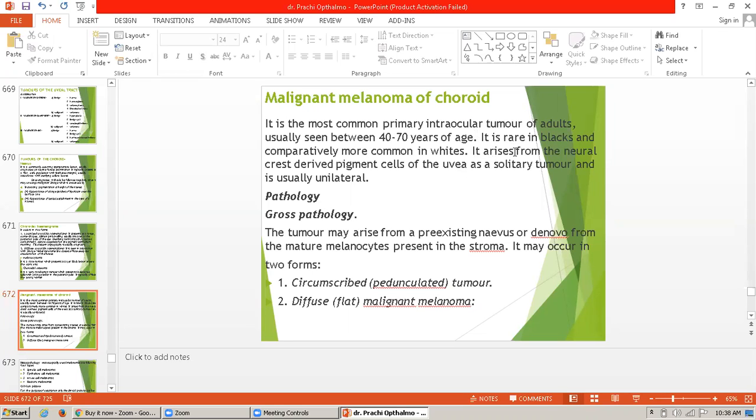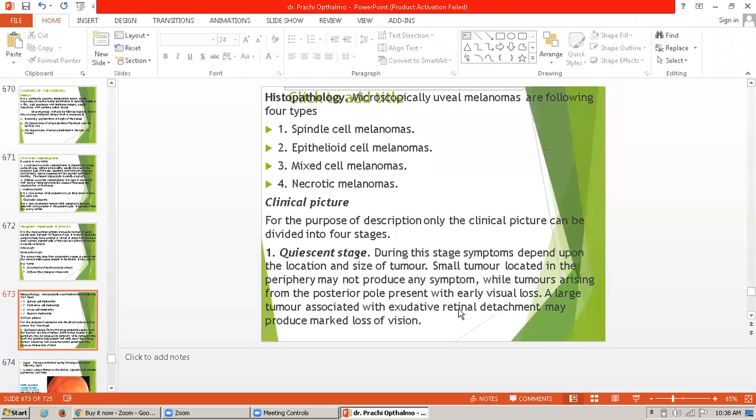It arises from the neural crest, derived from pigment cells of the uvea, as a solitary tumor and is usually unilateral. When it arises from a pre-existing nevus or de novo from the mature melanocytes present in the stroma, it may occur in two forms: first, a circumscribed pedunculated tumor, and second, a diffuse or flat malignant melanoma.